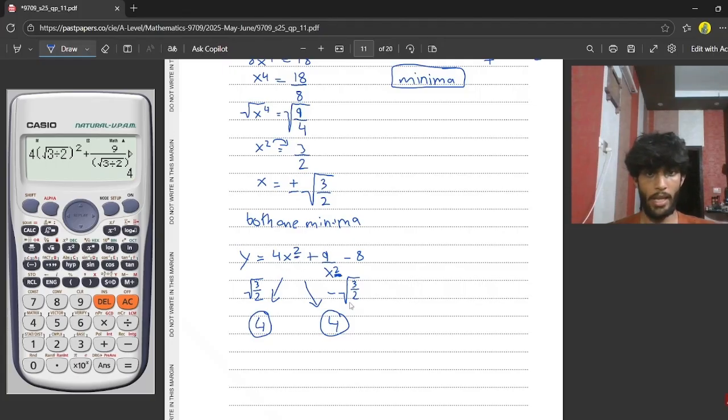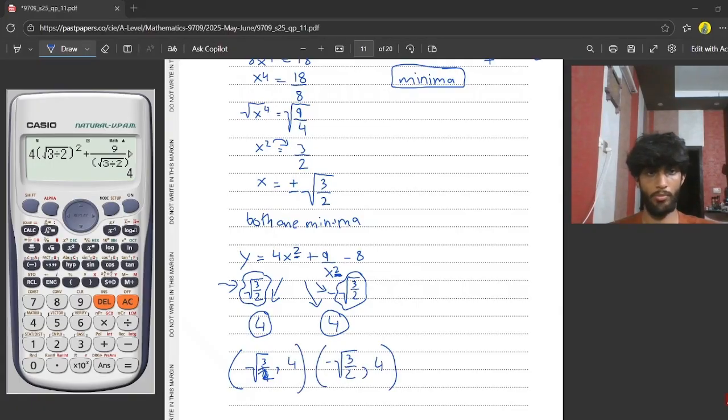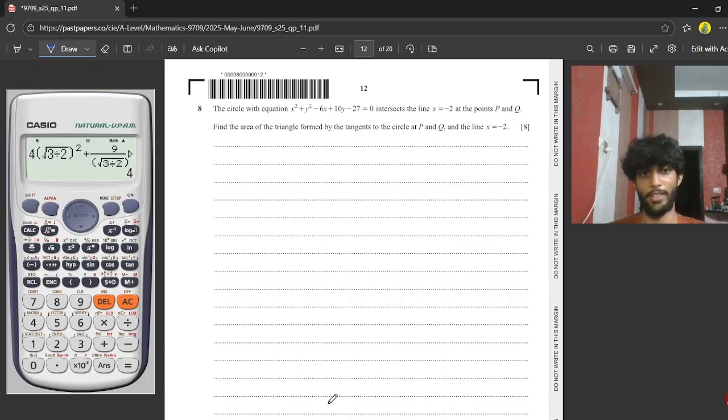All of this entire thing is the same as this thing, the only difference is the sign. The sign is negative over here. When I raise this to the power 2, that sign is going to become positive, so I'm going to get the same answer as when I use this one. So one coordinate is going to be root 3 by 2 comma 4, and the other one is going to be negative root 3 by 2 comma 4.